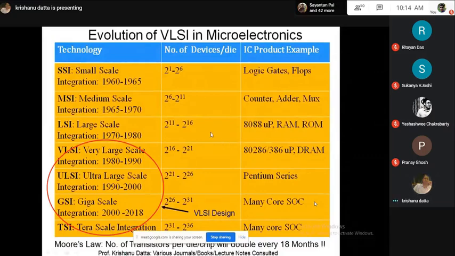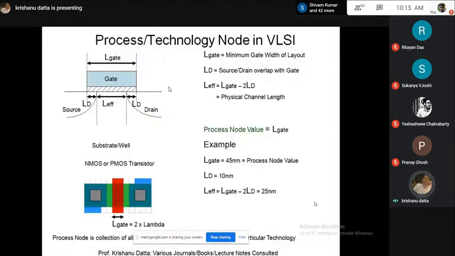Last class I discussed till this page. So what we shall do today is continue. Let's start with this page. If you see the top left picture, I'm showing a very simple cross section of a MOS transistor.